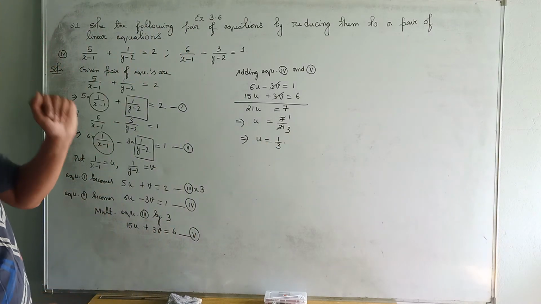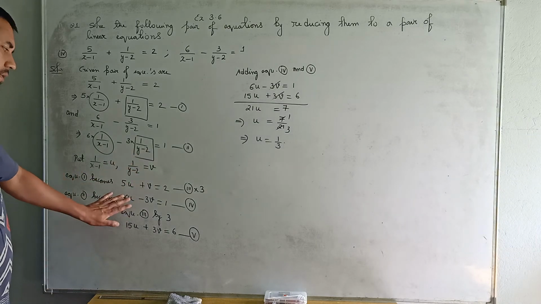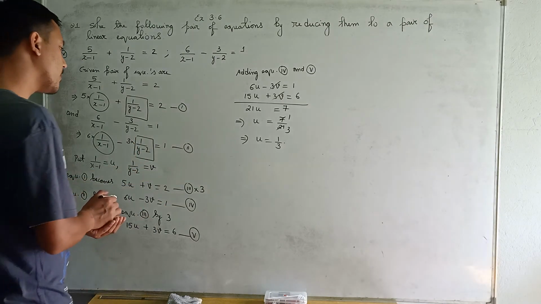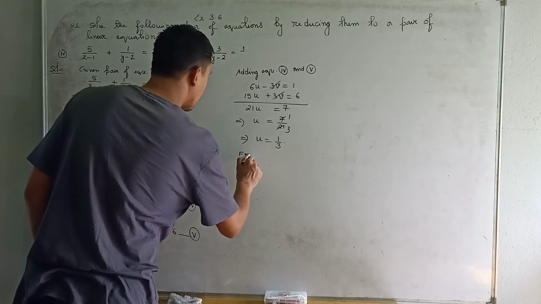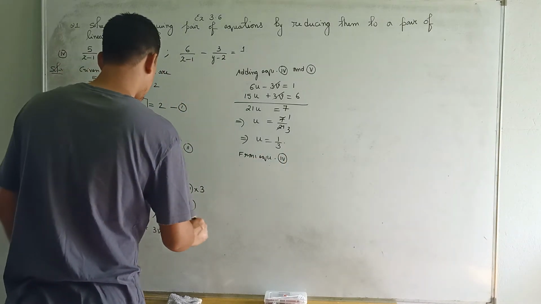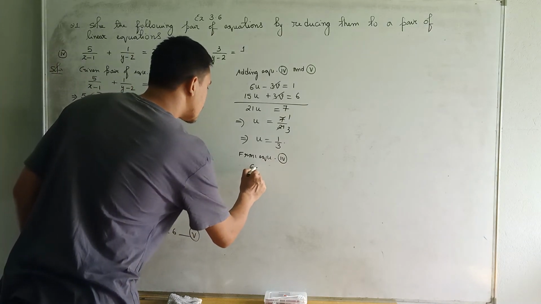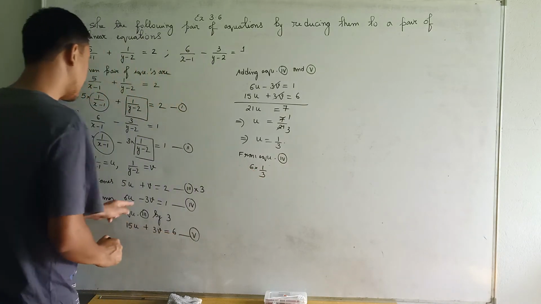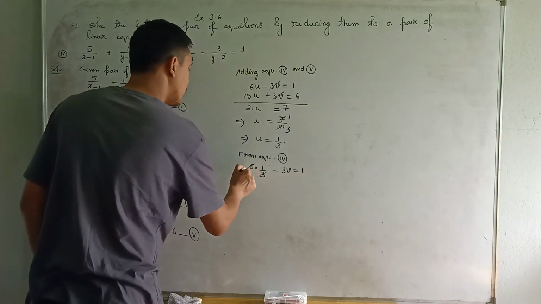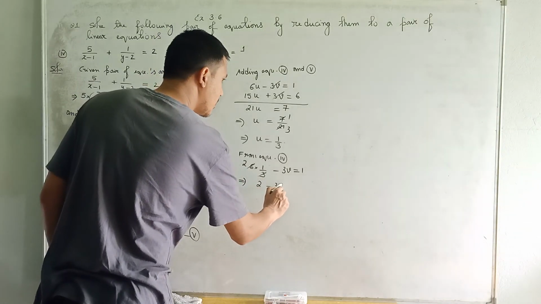So this value of u can be substituted in any of the equations that you prefer. Suppose equation 4 or maybe 3. I choose 4. From equation 4, 6u minus 3v is 1. 6 into u, 1 by 3, and then minus 3v is 1. 3 2 times is 6, right? 2 minus 3v is 1.